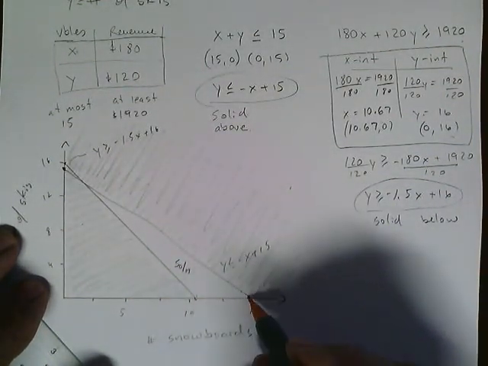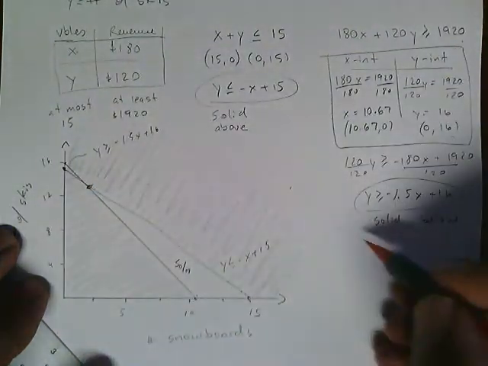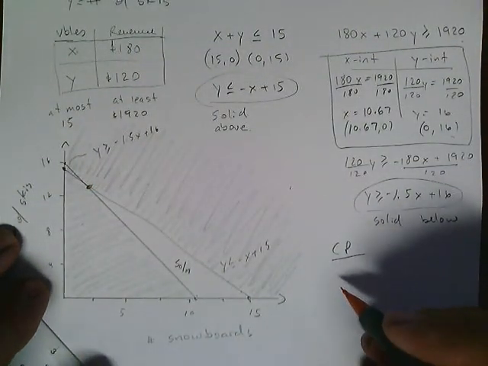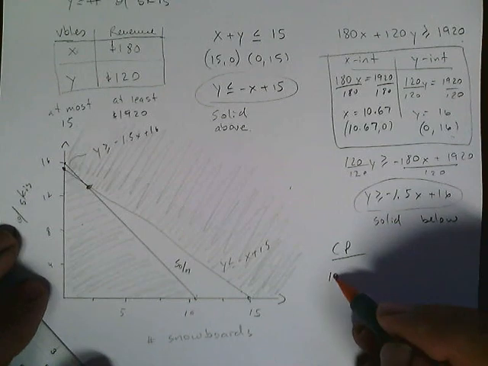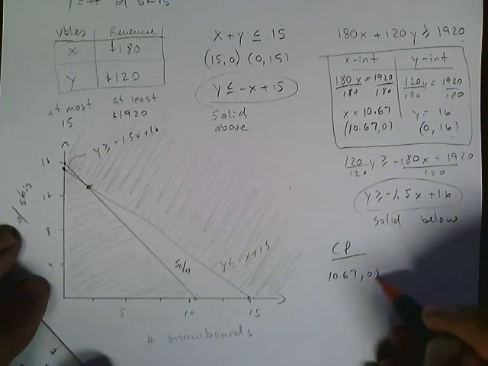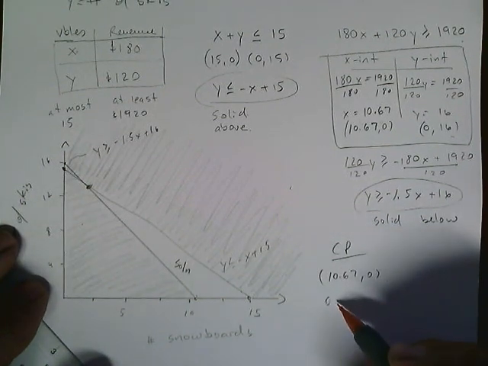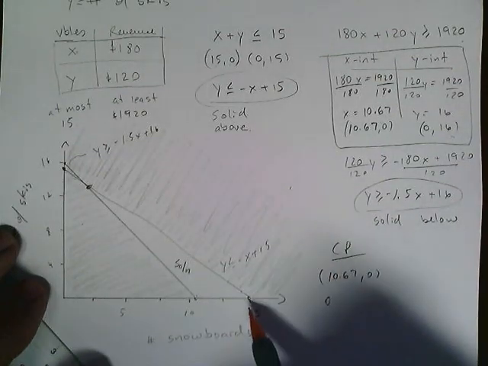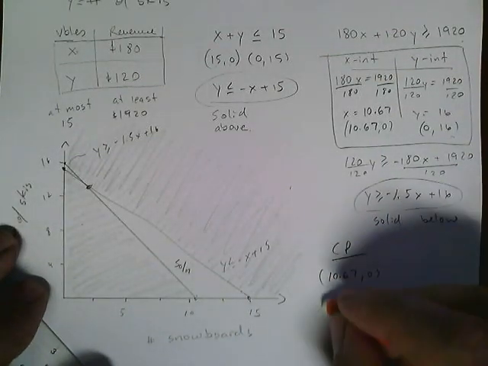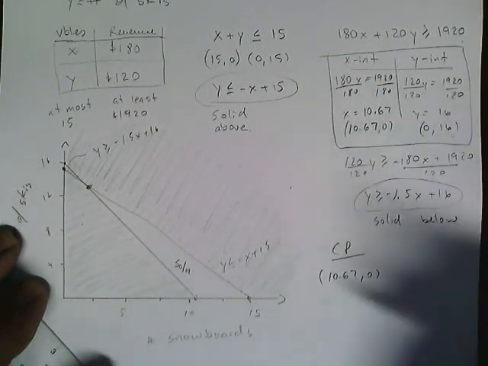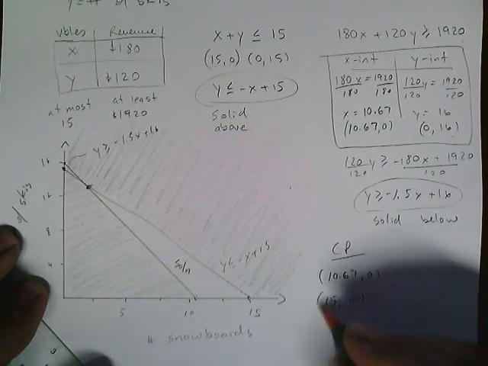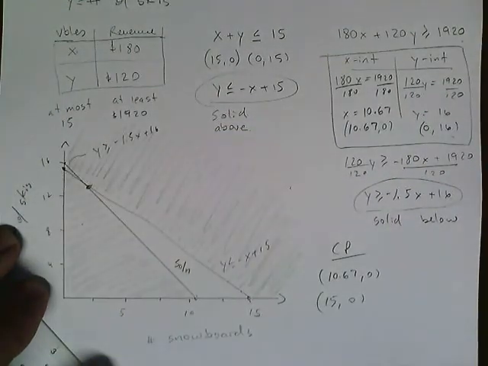And we've got 1, 2, 3 corner points. Let's do the ones we can read. 10.67, 0, and 0, sorry, 15, 0. And that one, which I will find, which is 2, 13.